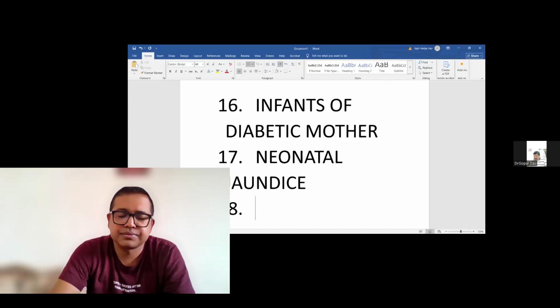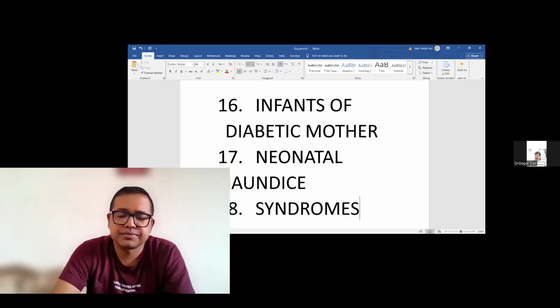Now, there are 4 conditions of inherited hyperbilirubinemia: Gilbert syndrome, Crigler-Najjar syndrome, Rotor syndrome, and Dubin-Johnson syndrome. Gilbert syndrome is autosomal dominant. Here there is unconjugated bilirubin, and it is a mild form.